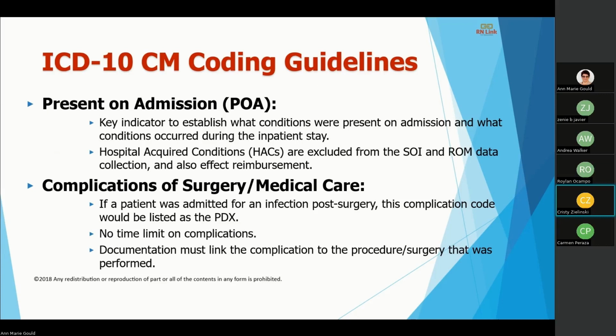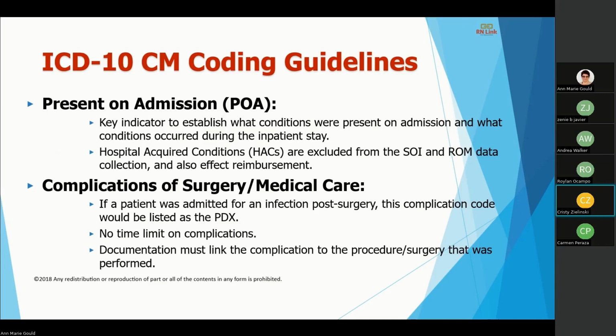So if for example it wasn't documented that it was present on admission or it wasn't even mentioned on the H&P, and then later on the doctor will do excisional debridement, the hospital will not be paid. It's an MCC for stage 3 and 4. Hospital will not be paid extra for that major comorbidity, as well as the doctor. So it's important that we ask if it is present on admission.